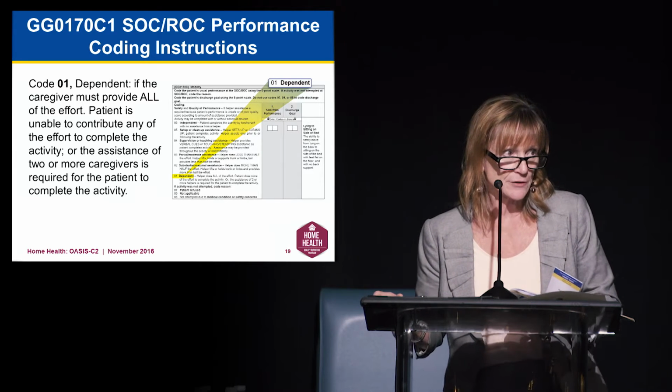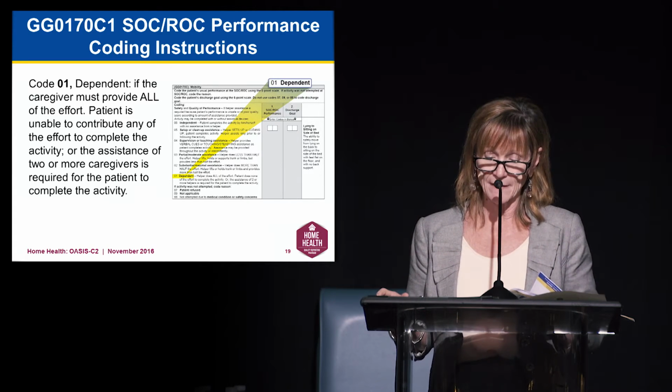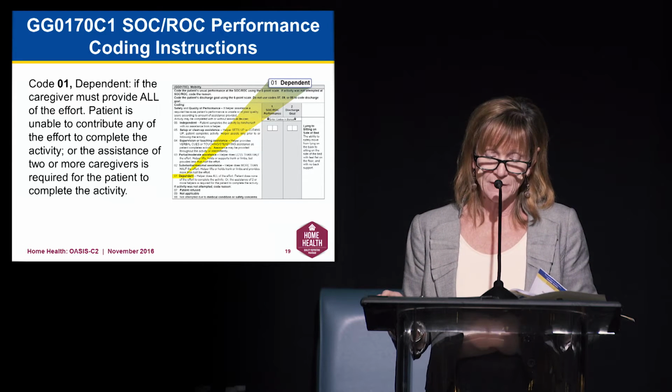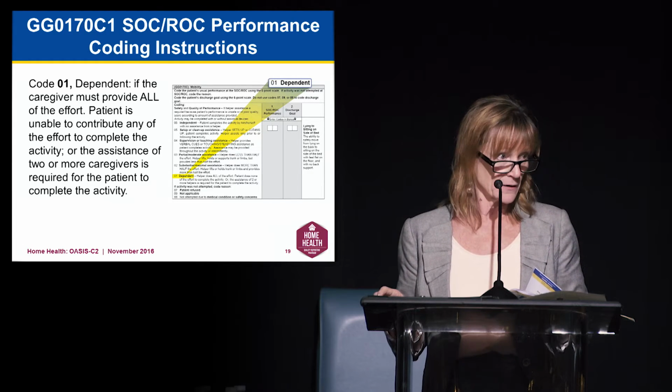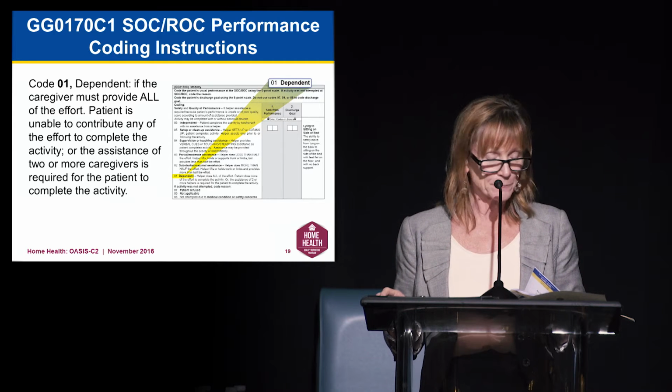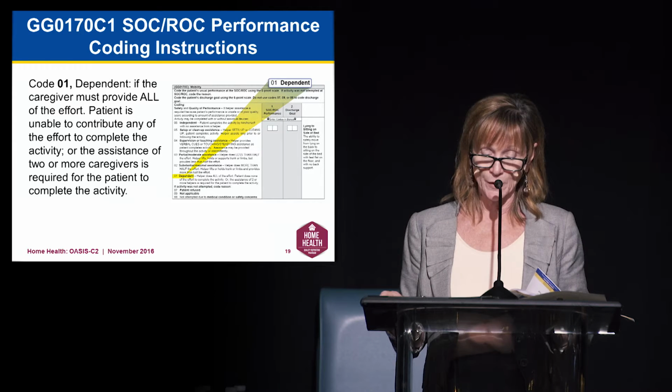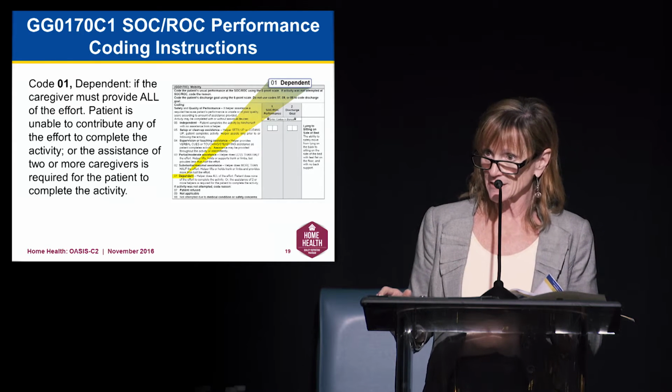And the last numeric code is code 1, and that is for a dependent patient. This would be the patients that we know can't perform this activity at all. They would need 100% assistance.